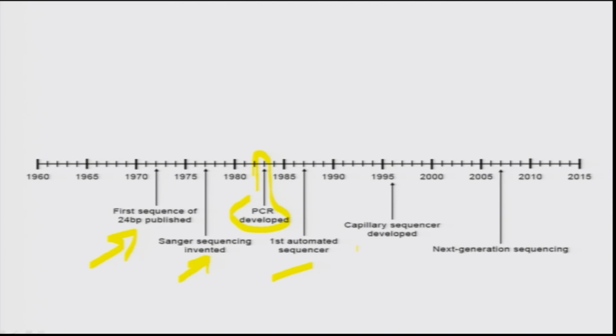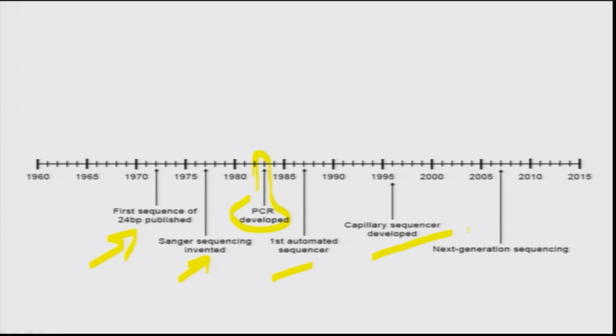This again went through one more round of evolution and revolution. By 1995, instead of classic gel-based sequencers, which we will discuss, we had capillary sequencers, so you can do 96 sequence runs at the same time.